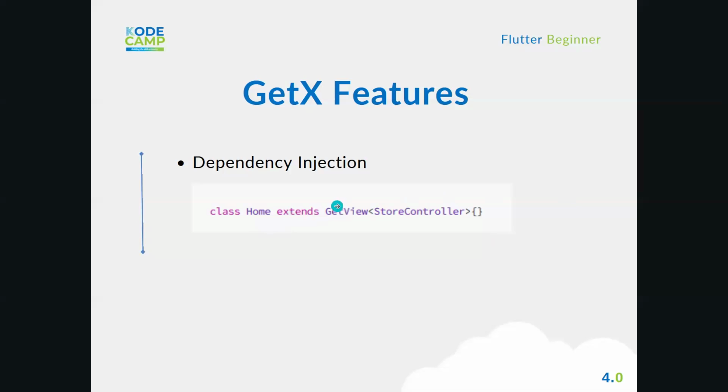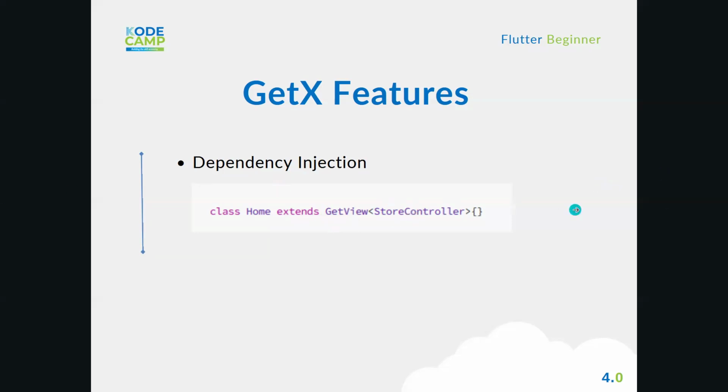So we're extending our home class with GetView, and then we are injecting the store controller with it. So this means that by injecting this store controller here, we now have access to whatever business logic, function, method, variable that is in that controller class. We have access to it.